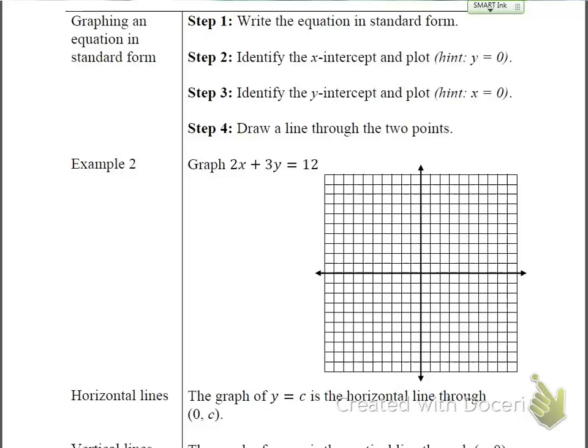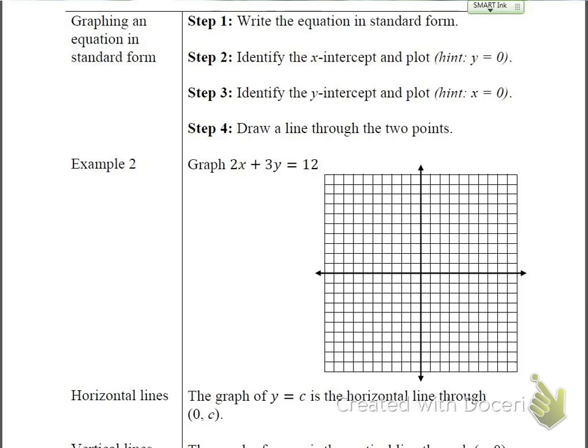So example 2, we're going to graph 2x plus 3y equals 12. If you guys notice, this x and the y are on the same side of the equal sign. So this is not y equals mx plus b form. This is standard form.